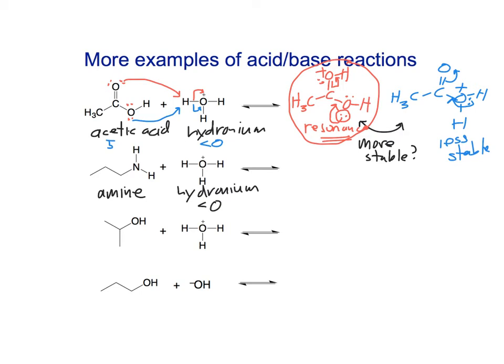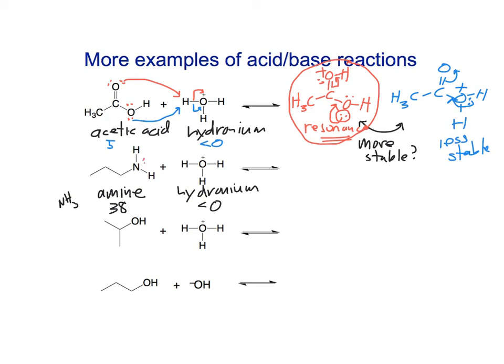And for the amine, if we look back to our tables at the pKa of ammonia, NH3, those NH bonds will have a similar pKa, about 38. So hydronium ion is much more acidic than the amine.